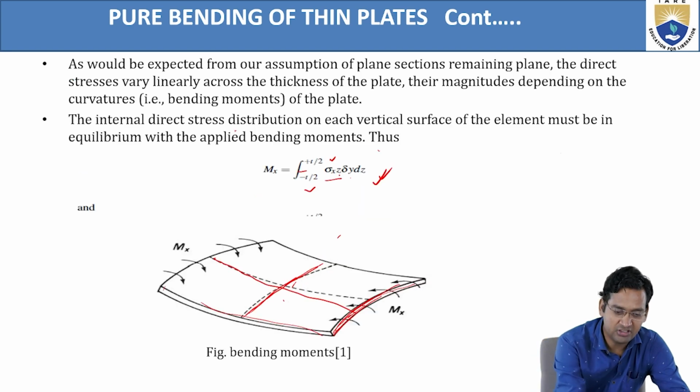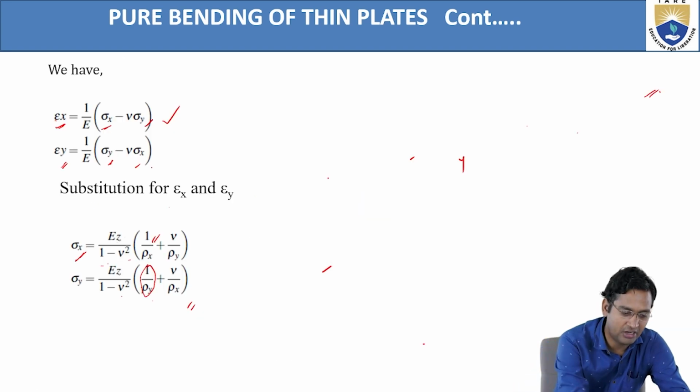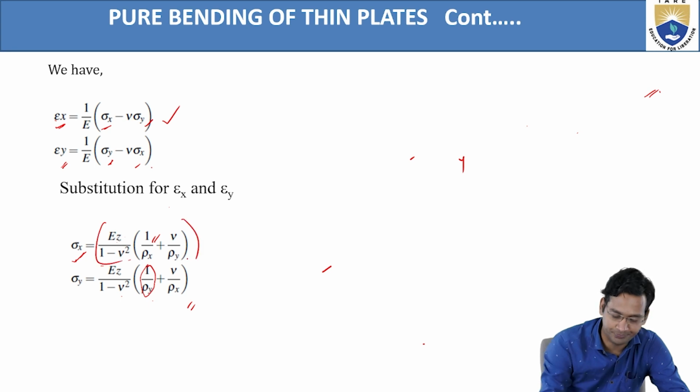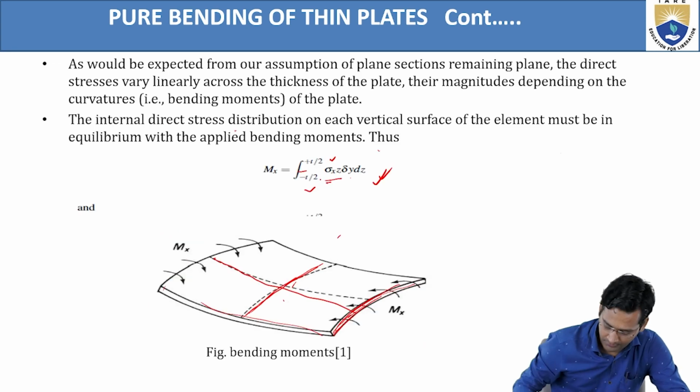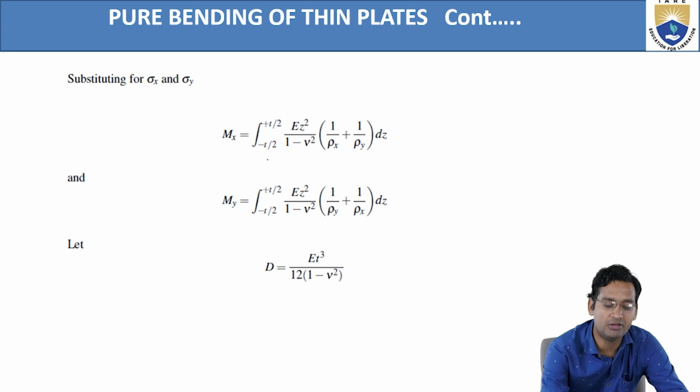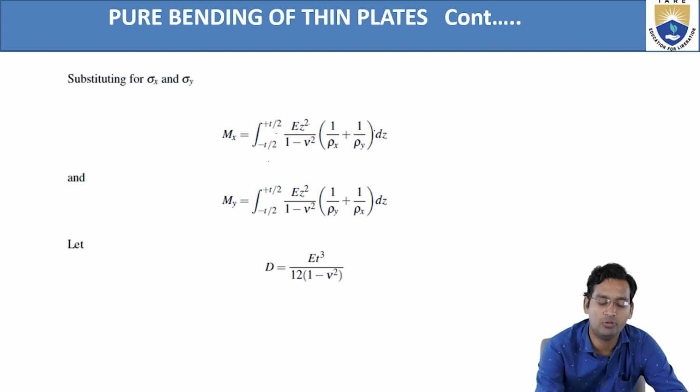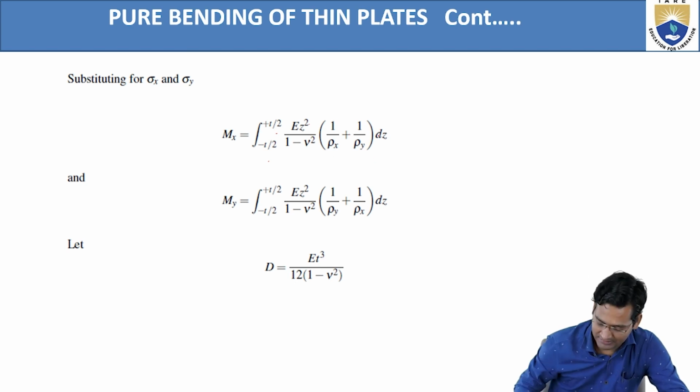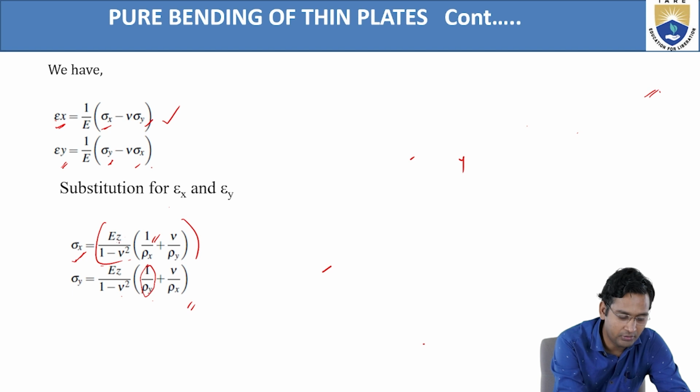Now here sigma x is there, and just now we found that sigma x. Substitute this value here. So after substituting, what will we get? From minus t by 2 to plus t by 2, this is E z square by 1 minus nu square into 1 by rho x plus 1 by rho y, dz. Now just see here first, this is the sigma x value.